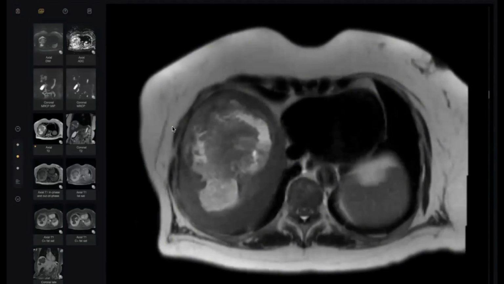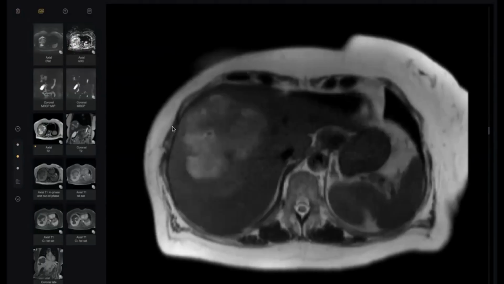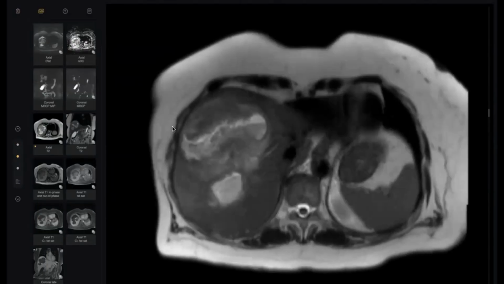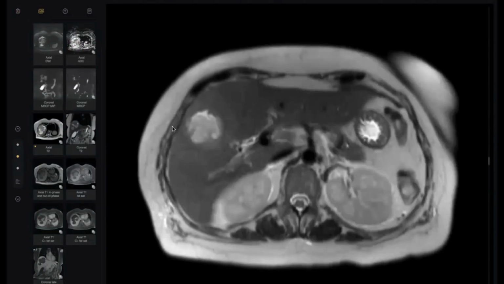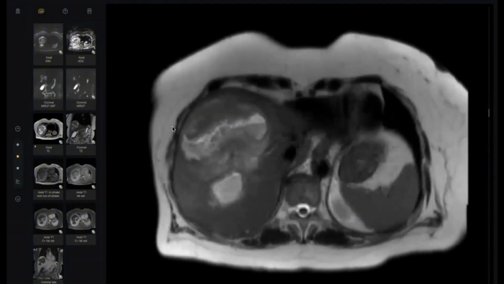The first abnormality I noticed is a lobulated cystic lesion occupying most of the right liver lobe, showing heterogeneity, with areas of hyperintensity and hypointensity within the mass lesion.